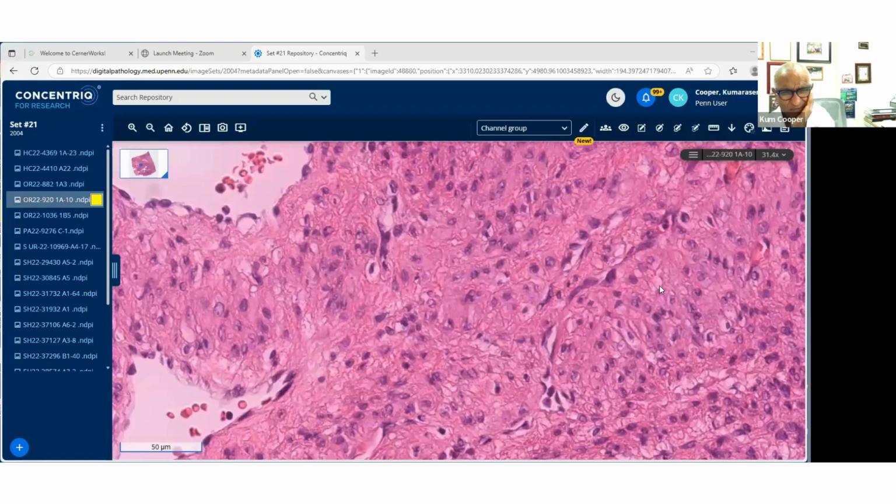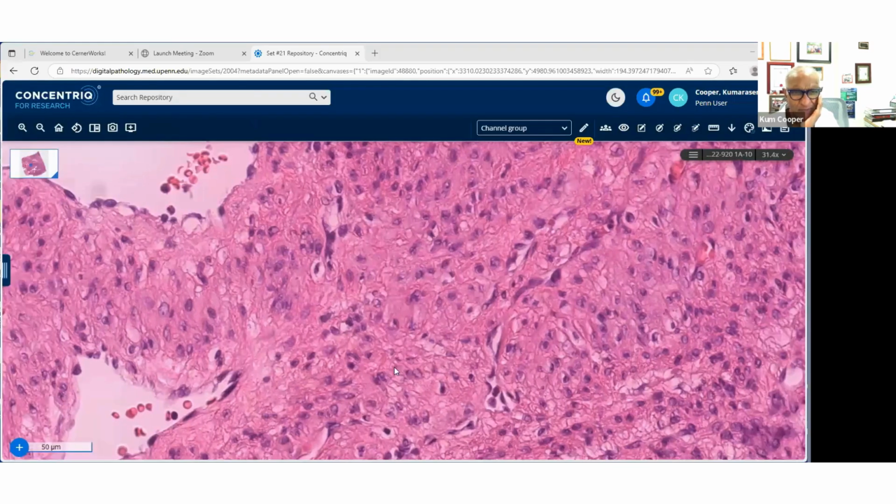There was a nice paper from the Boston Harvard group. One of our residents, Kyle Devins, published a small series of SFTs of the uterus. So good to keep that in mind, and again, easily resolved with CD34 and STAT6. So you can always sort that out quite easily.